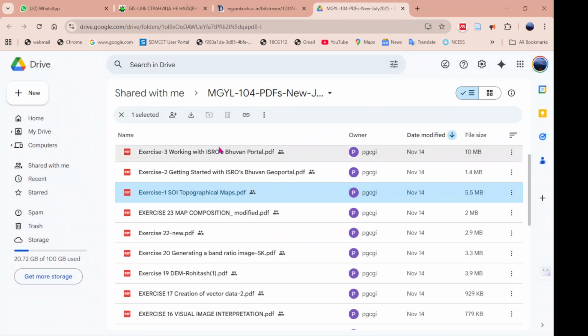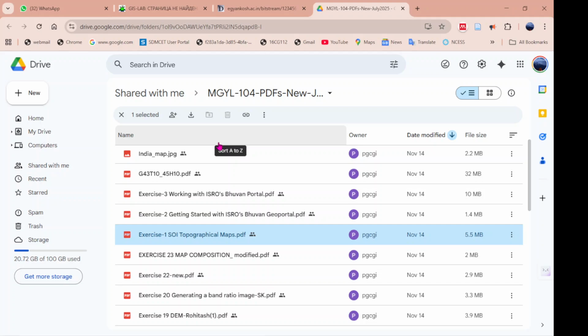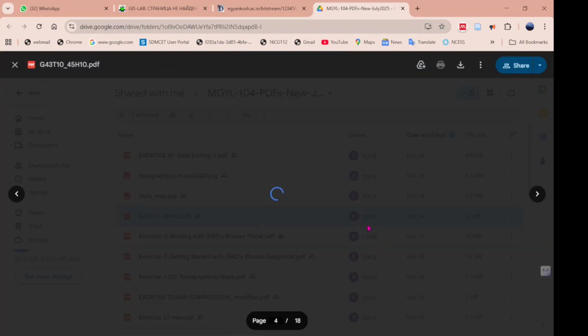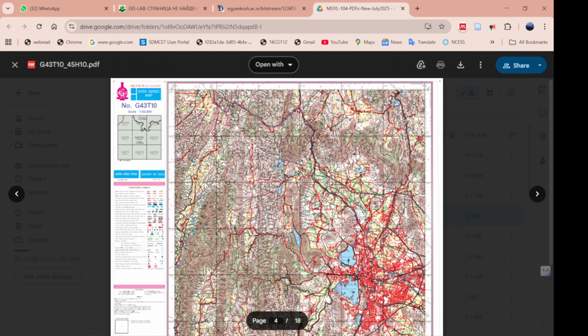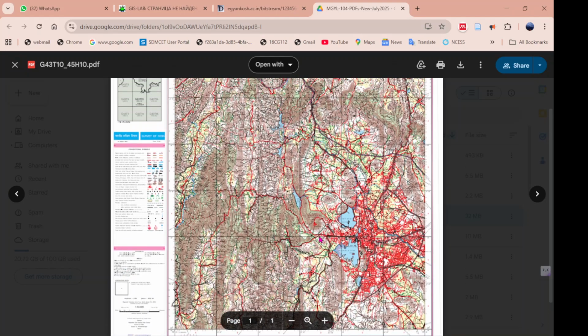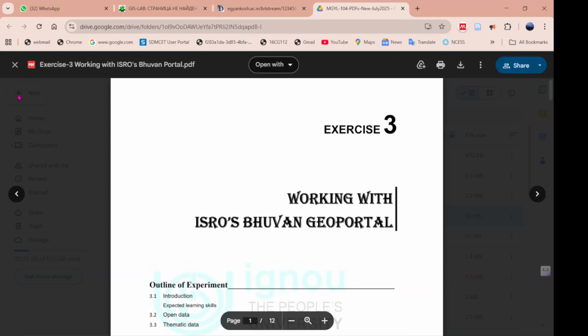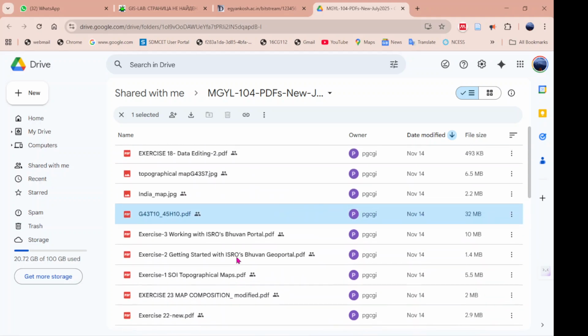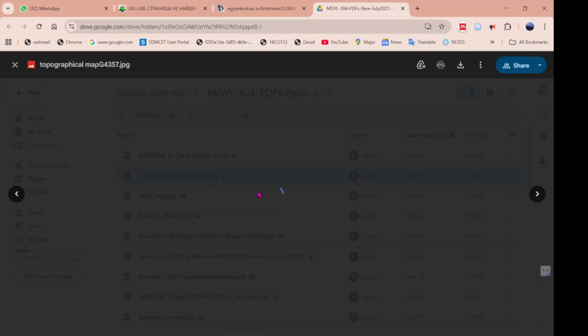So if I come back to this, I think this is the same contour map. We don't know. Let me open this up. This is a different one. Topographical map.